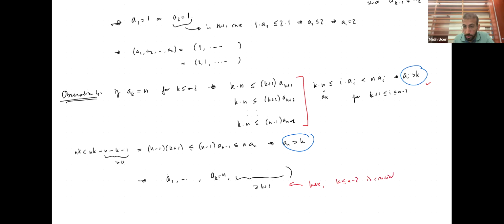because it is not correct for k equals n minus 1. So if k equals n minus 1, if there is only the last element that remains here, you cannot say that the last element is greater than or equal to n. We do not have anything like this, because for the last element, our proof depends on this, where, yeah, here you see we use strict positivity of this.